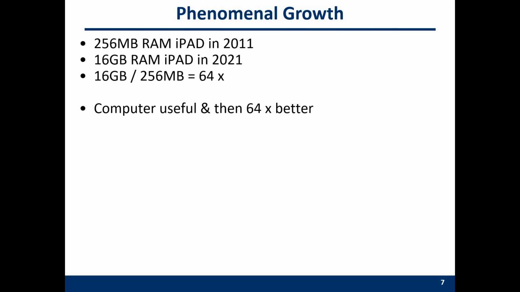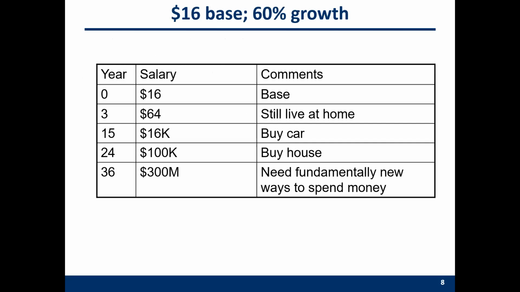So there is a 64 times difference. In 10 years, you have a 64 times improvement. This is not a very large improvement. So you can consider if such improvement happens on your salary. This is the case.